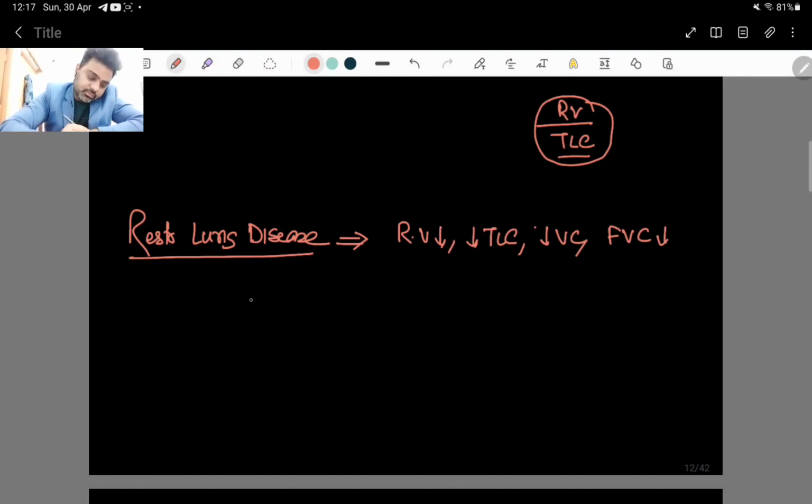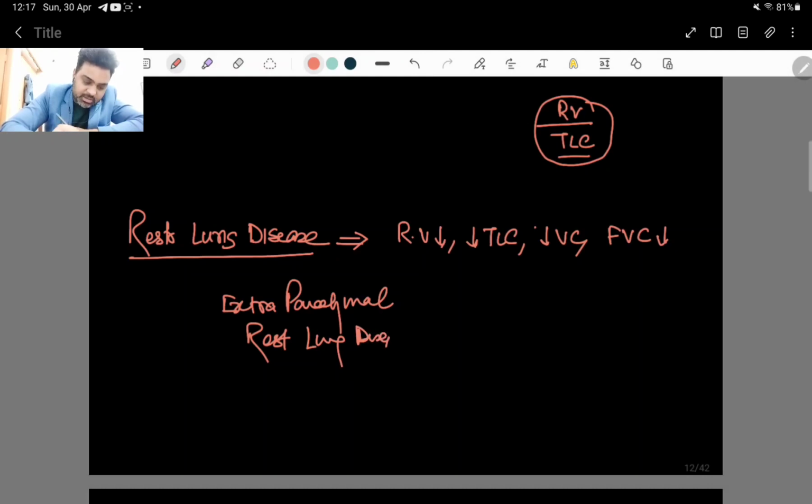But in case of extraparenchymal, this is a very important point, and the reference of this is Harrison, 21st edition. In extraparenchymal restrictive lung disease, TLC will decrease, vital capacity will decrease, FVC will decrease, but residual volume will remain normal.